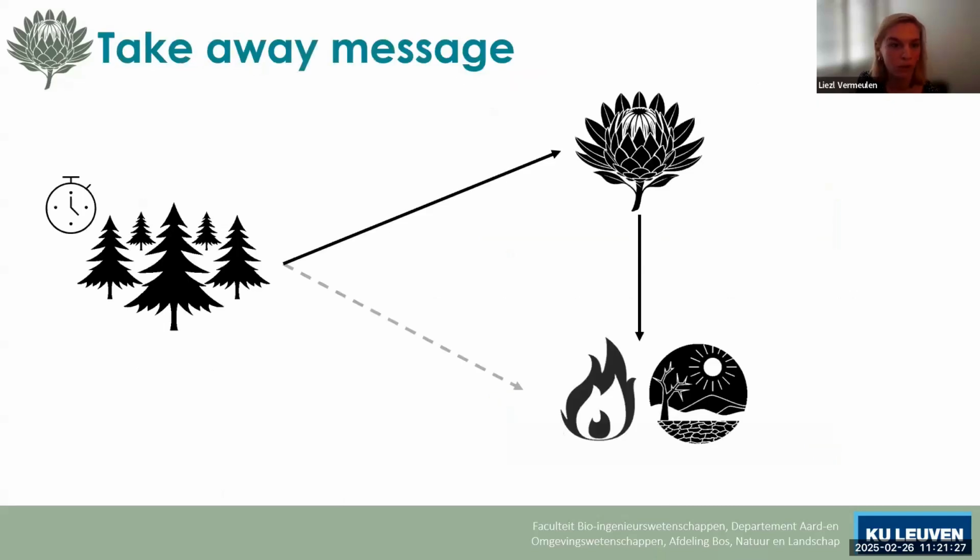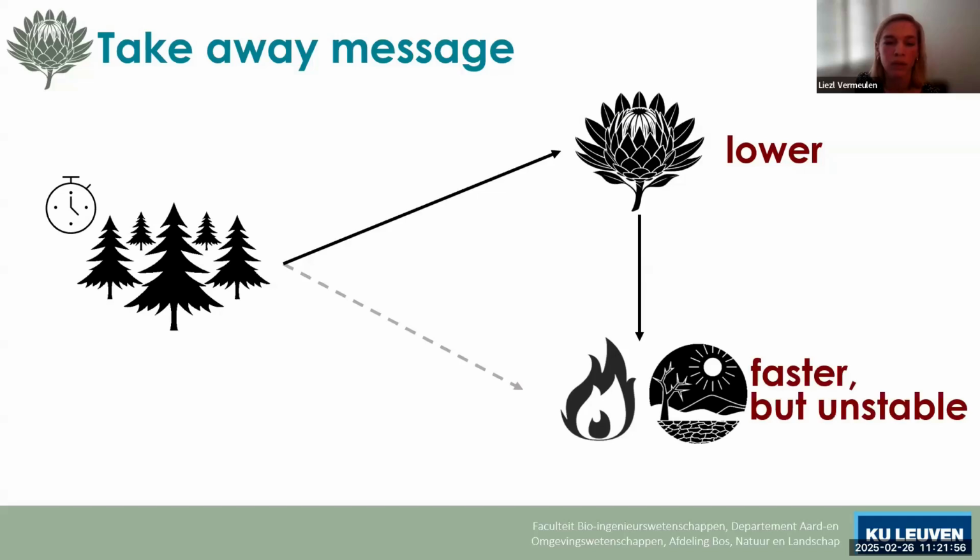So to summarize this all together, based on a previous graph figure that I showed you, what we saw is that past plantations lower overall biodiversity, and they also increase weedy and invasive species. Because of this, it indirectly affects post-fire recovery and stability, firstly by making post-fire recovery faster, but also by making the ecosystem more unstable during drought.